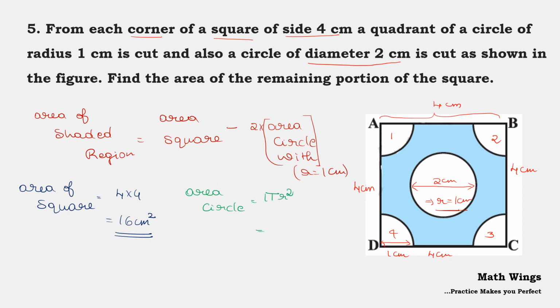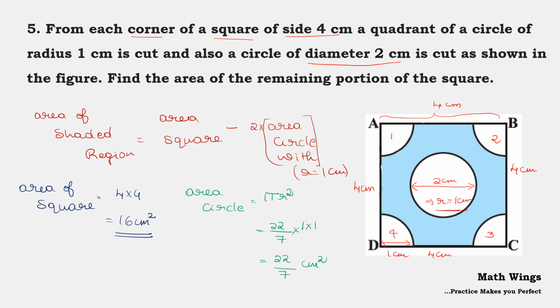They have not asked us to take pi as anything, so you can keep pi as 22 by 7 into, what's the value of r here? It is 1. So 1 into 1, the answer remains 22 by 7 centimeter square.